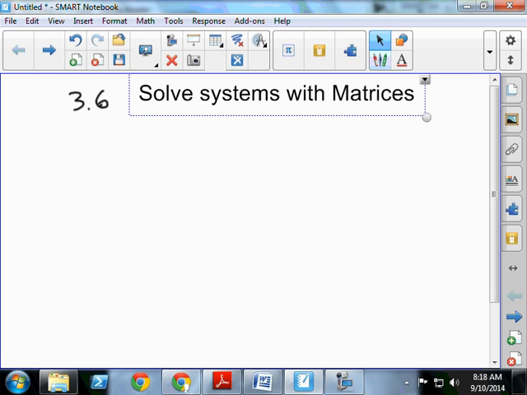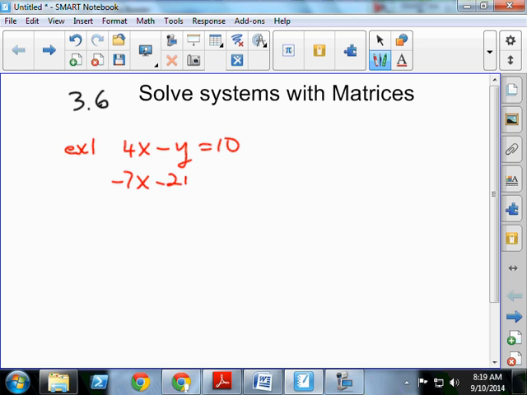Okay, so here we go. Here's example 1. Our first system that we're going to try to solve is going to look like this. 4x minus y is 10. And then our second equation is negative 7x minus 2y equals negative 25.